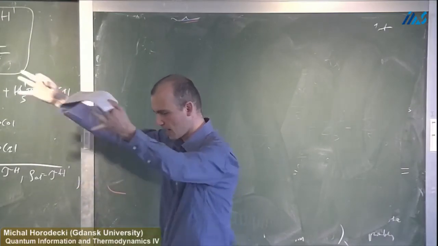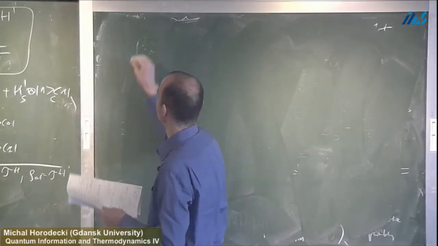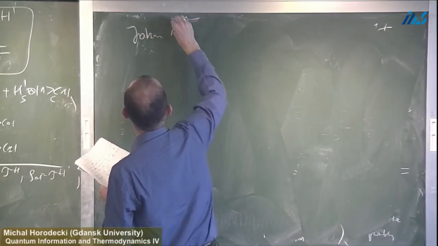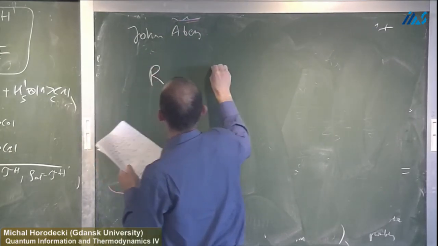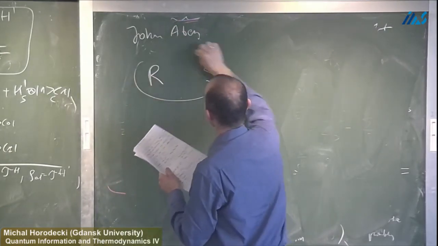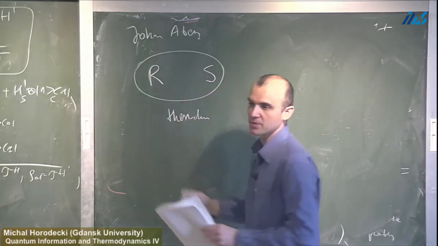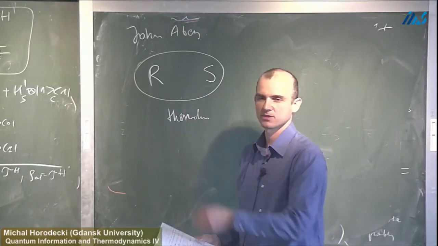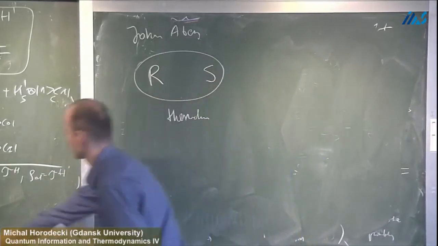We have access to the whole heat bath. While you may think, like Johann Aberg did, where you simply have your reservoir and your system, you allow only thermalization, meaning you simply bring your system to the heat bath, put it in the heat bath and it just becomes thermal.